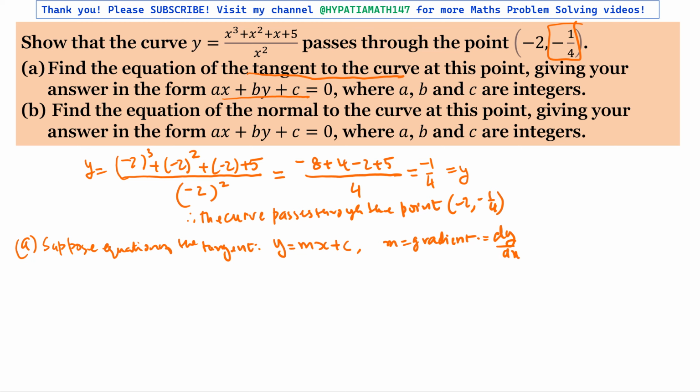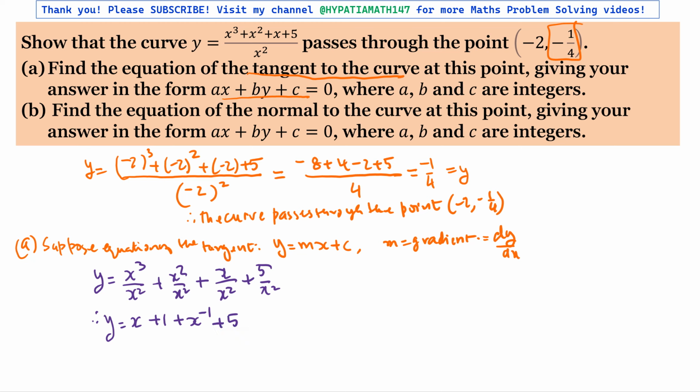So we need to differentiate y with respect to x. So y can be written as x cubed over x squared plus x squared over x squared plus x over x squared plus 5 over x squared, and then I can write y equals x plus 1 plus x to the power -1 plus 5x to the power -2.